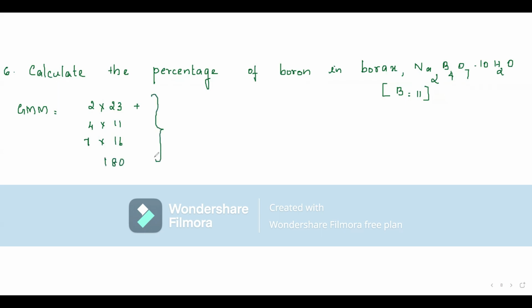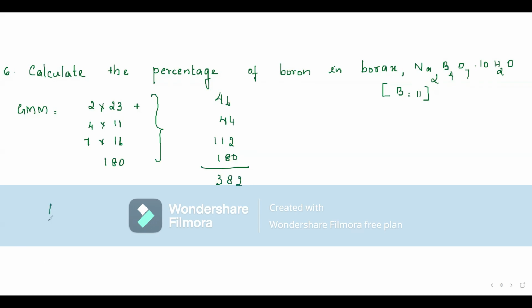Let me do this now. 2 into 23, that is equal to 46, and the other one is 44. And then you have 7 into 16, which is 112 plus 180. Let me add it. 46 plus 44 plus 112 plus 180. This is equal to 382.